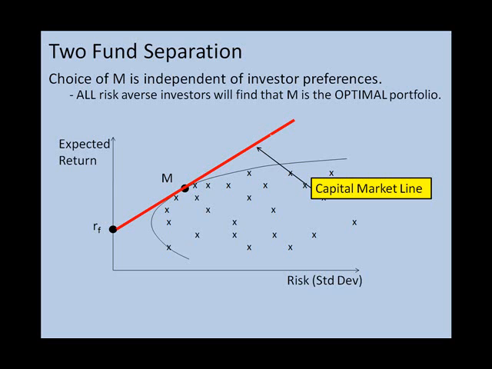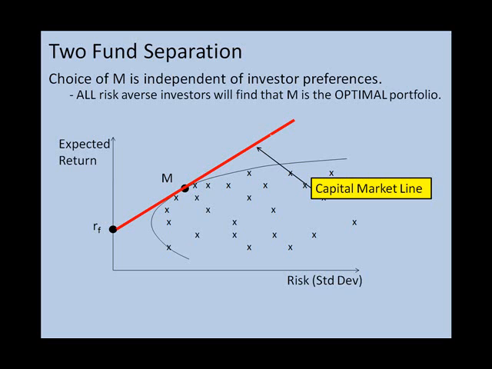And why is this good for investment managers? Well, consider the investment manager's problem. For every investor that they have, they have to find out what that investor likes and dislikes, which is very complicated and takes up a lot of time. But with two-fund separation, it becomes much simpler.